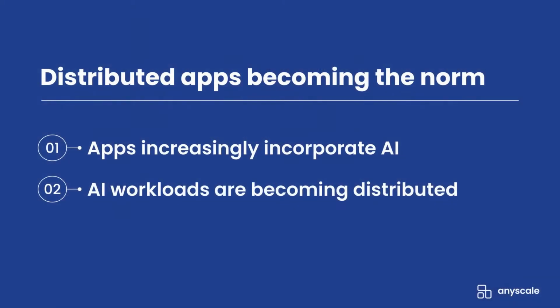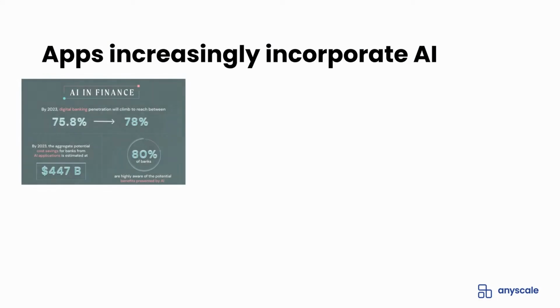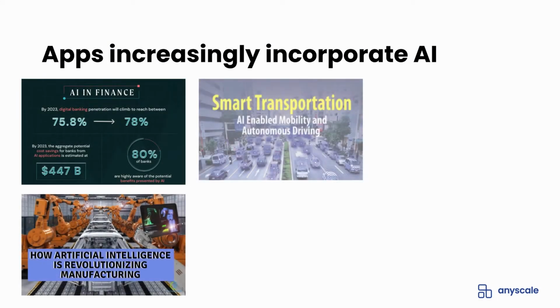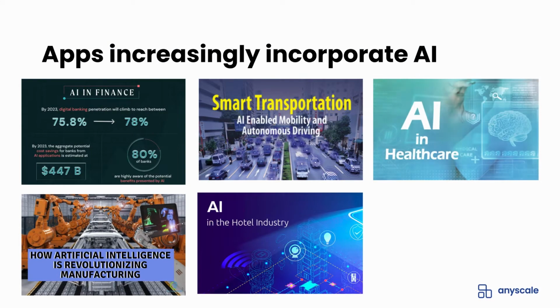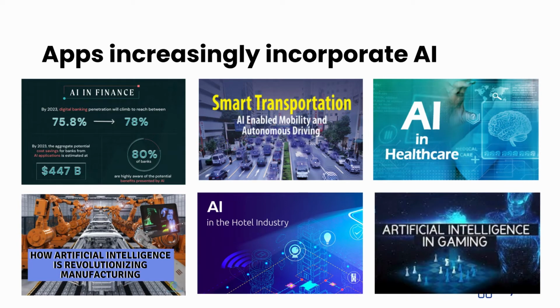One of the main reasons why distributed applications are becoming the norm is down to 2 trends. The first is that applications are increasingly incorporating AI functionality. Indeed, we now see AI making its way into virtually every industry: finance, manufacturing, transportation, hospitality, healthcare, and more.